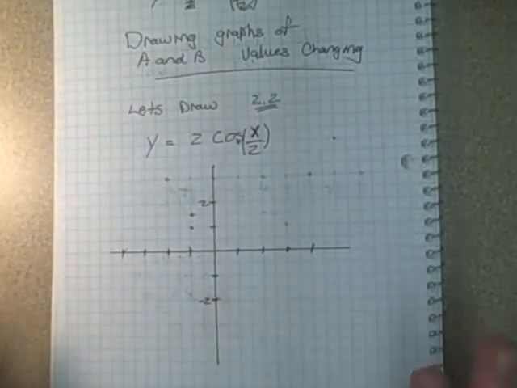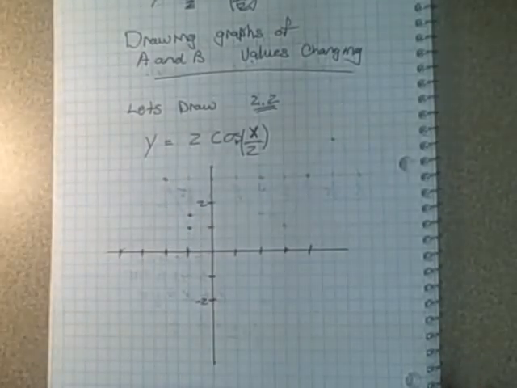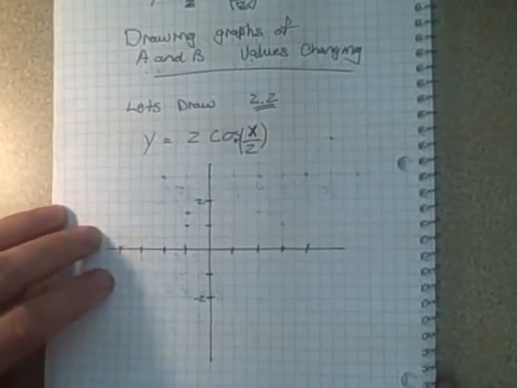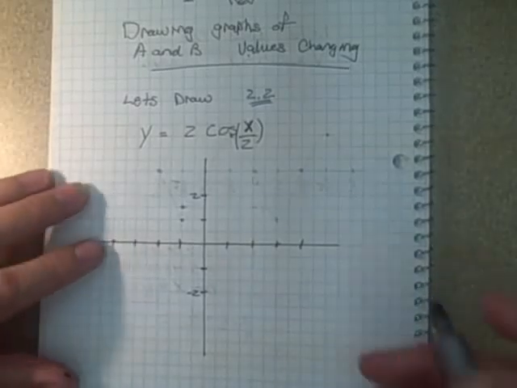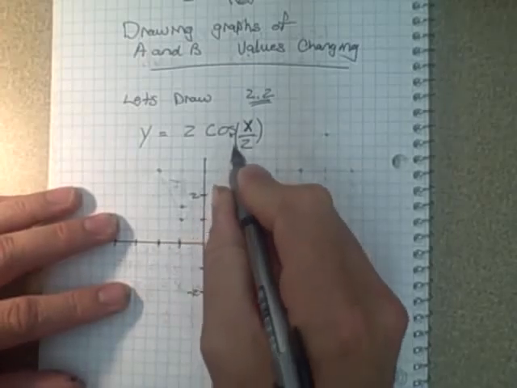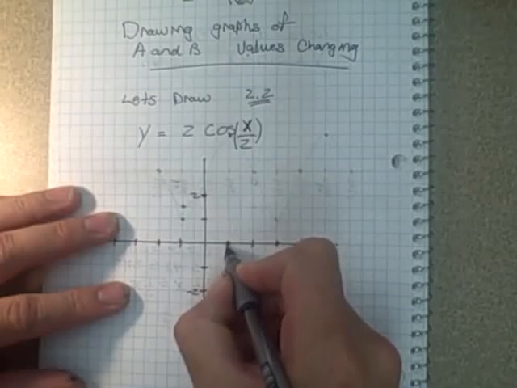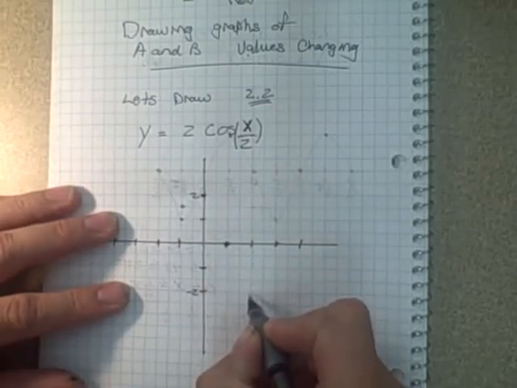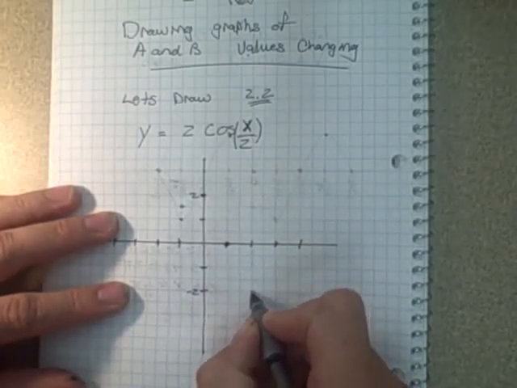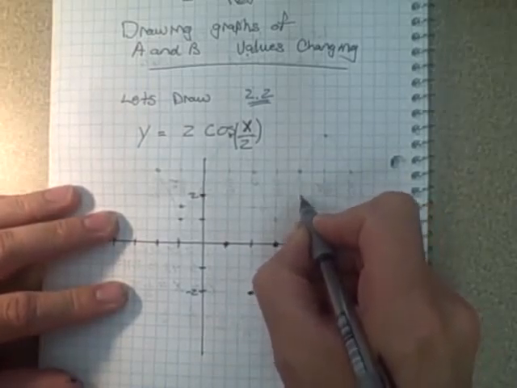Now, after you've set up your grid, you know that it's a cos graph, so it's going to have the cos shape. You can go ahead and put in the cos shape if you'd like. The cos shape is the W. And remember that you have to go down to the -2 and up to the +2.